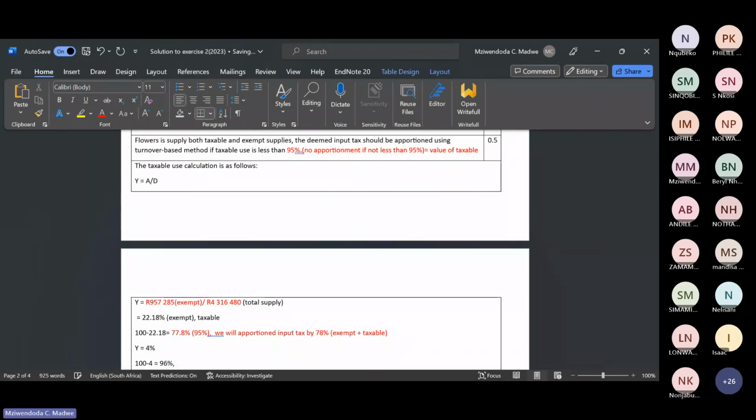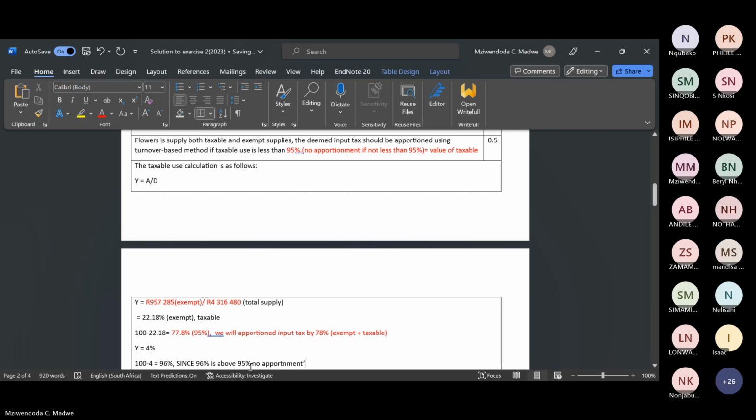We'll conclude that since 96% is above 95, or is not less than 95, no apportionment.